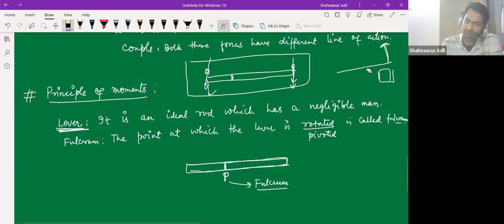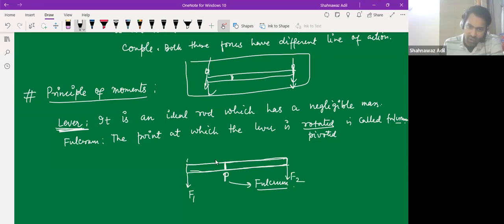So they have two forces acting downwards, right? Let's say this is F1 and this is F2. This one is called the load. You are loading some weight here, and then you are applying some effort on this part, right?